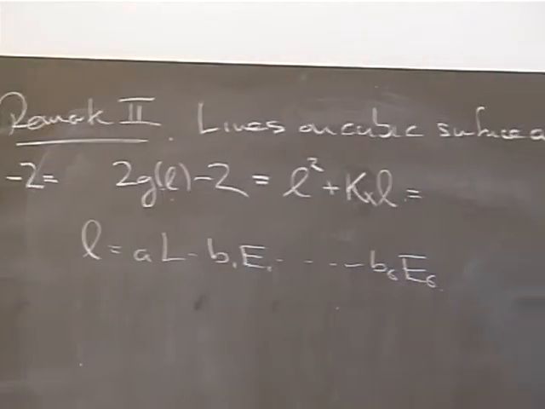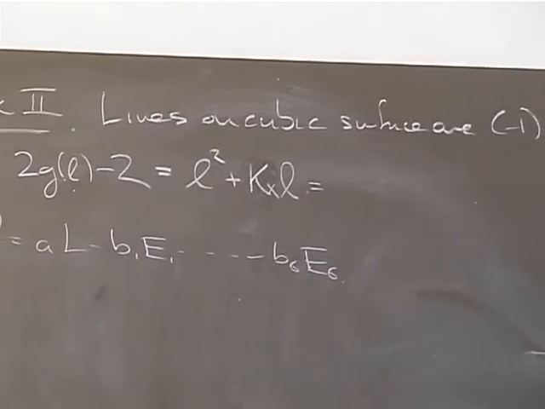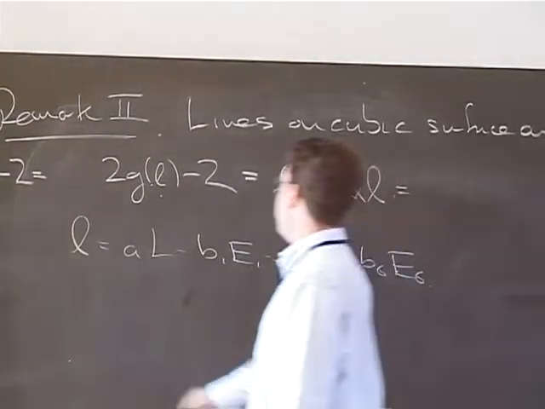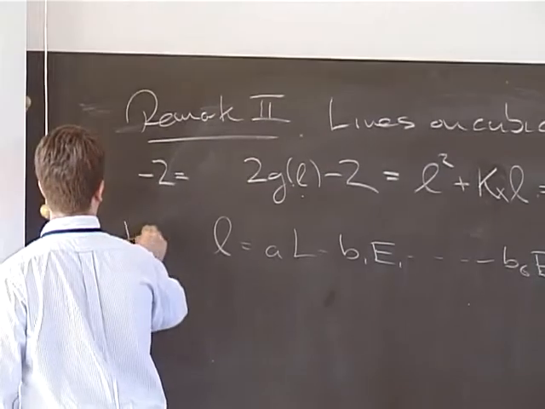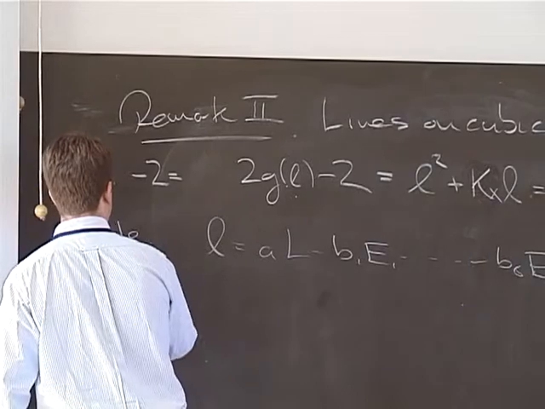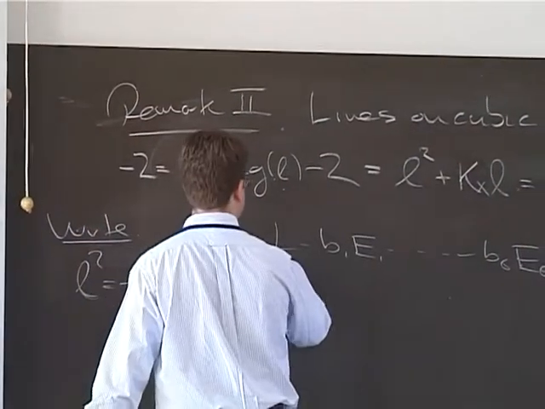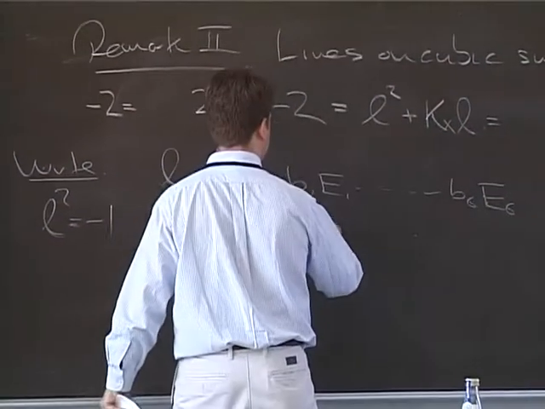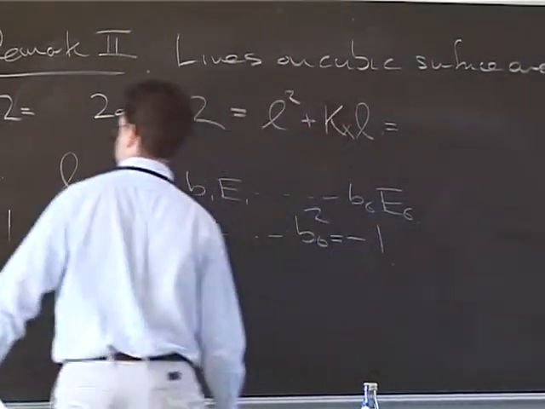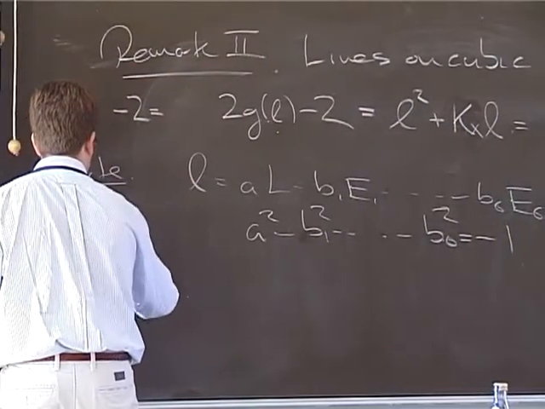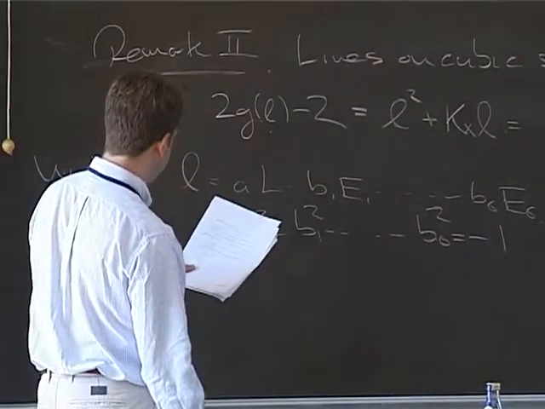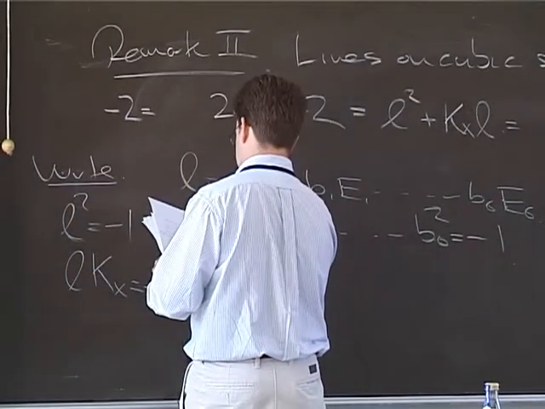We get a whole bunch of numerical conditions on the minus 1 curves. If we write L in this form, the condition L squared equals minus 1 translates into a Diophantine condition. And the condition that L dot K of X equals minus 1 translates into another Diophantine condition.